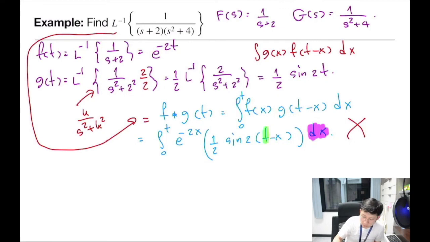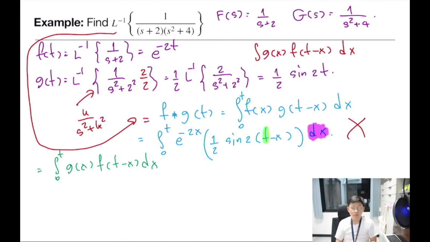I would just write this as the integral from 0 to t of g(x) f(t minus x) dx. Because, guys, don't forget, f star g and g star f are the same. The convolution of f and g and of g and f, they are the same.